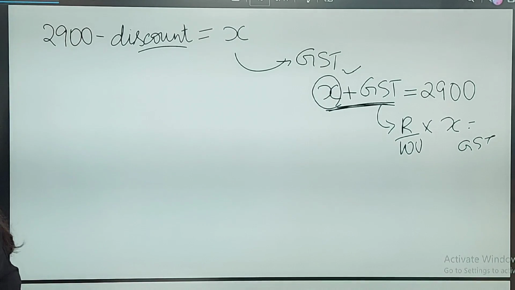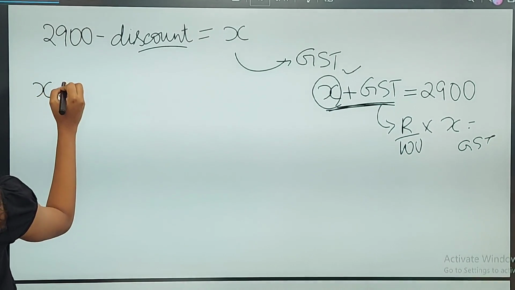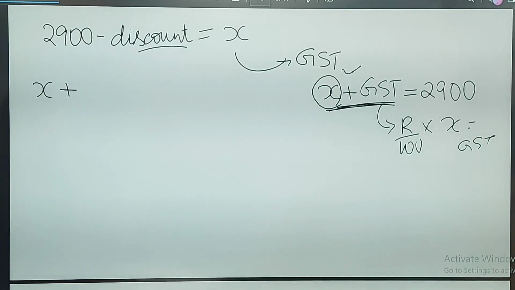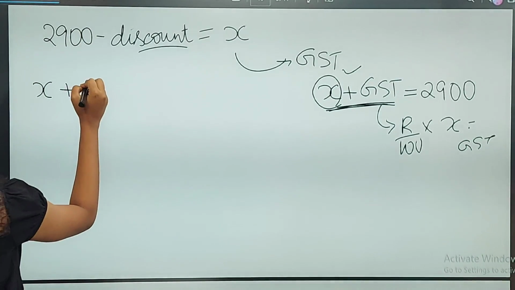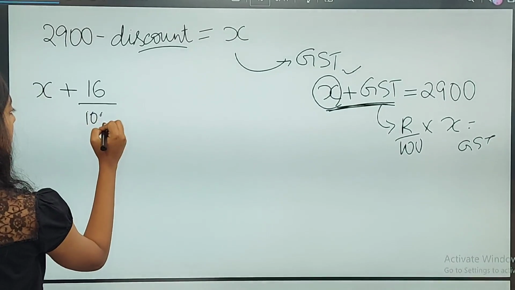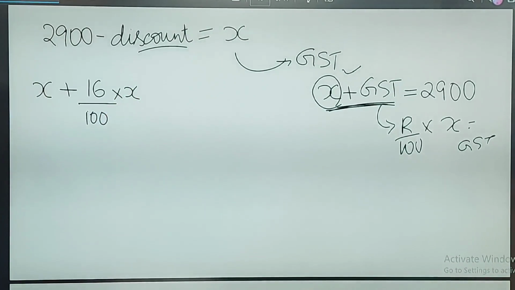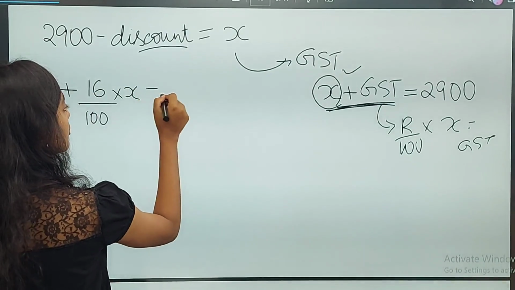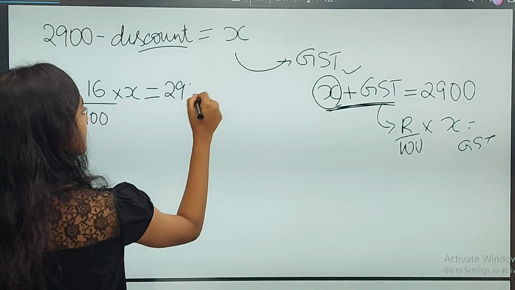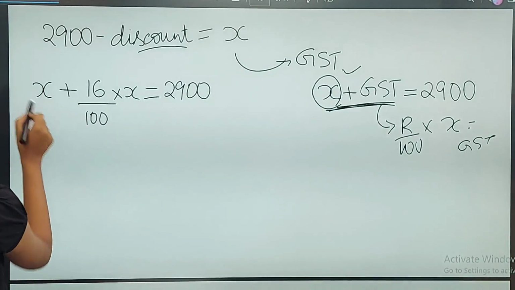Now let us go. So x plus GST. GST was 16%. 16, that is rate, by 100 into x, right, should still be 2,900 rupees. So this is simple maths now. So we will take the LCM.